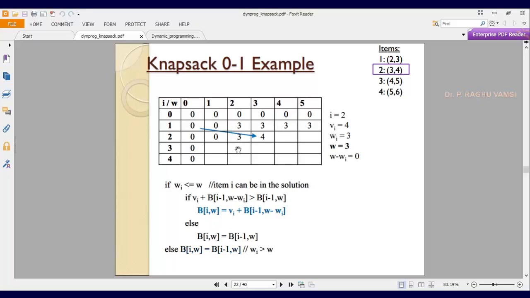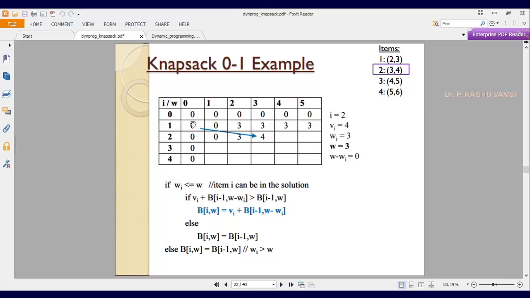Next, whenever we consider weight 3, since item 2 has the weight 3, 3 minus 3 is equal to 0 and 3 is less than or equal to 3, the condition is true. Now we are going to check Vi plus B of I minus 1. What is B of I minus 1? Currently I is equal to 2. I minus 1 means 1, comma W minus Wi, that is 0.